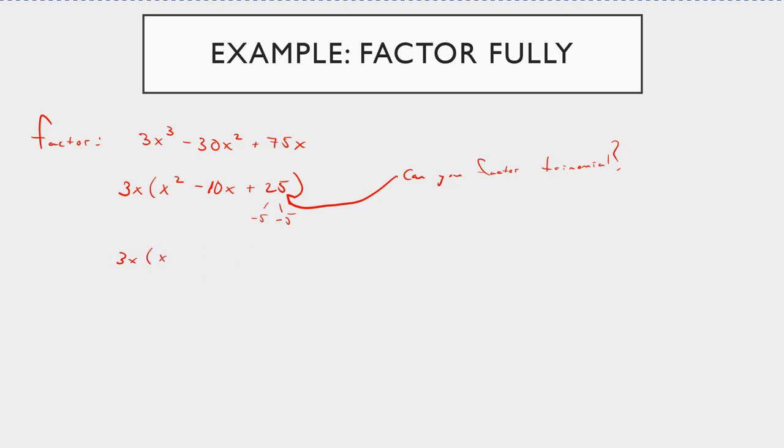So this will factor into x minus 5 times x minus 5, which you can then rewrite as 3x times x minus 5 squared. So whenever a problem says factor fully, ask: can I factor out a greatest common factor? Then look at the polynomial that's left and see if you can apply any of the rules that we've learned to factor that.